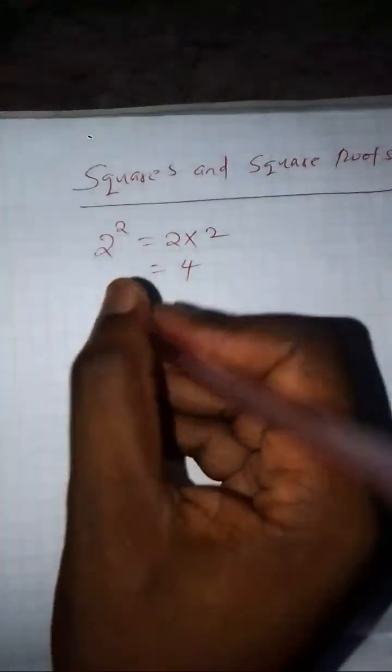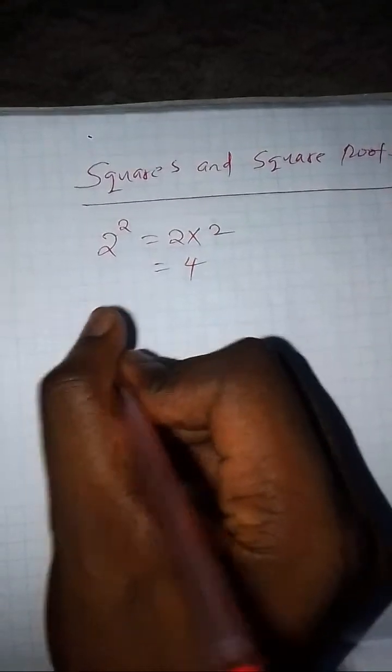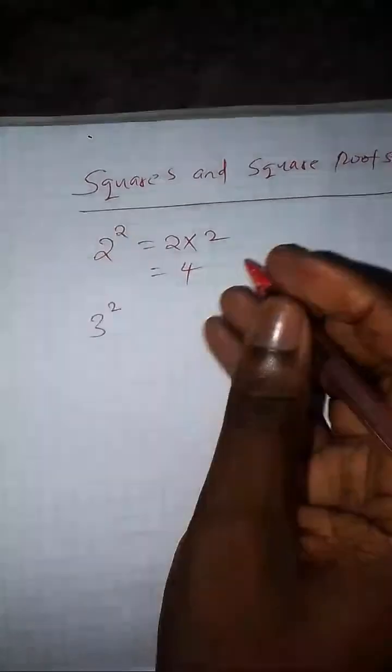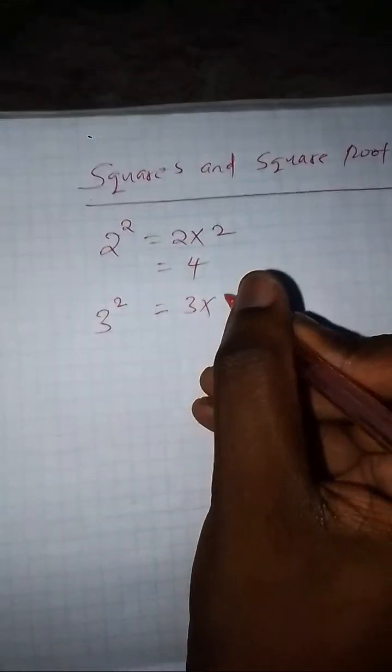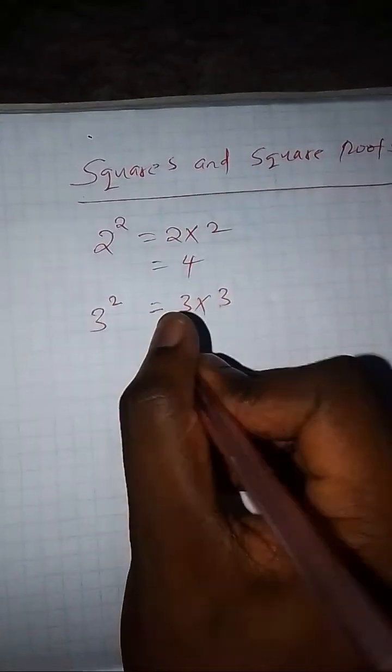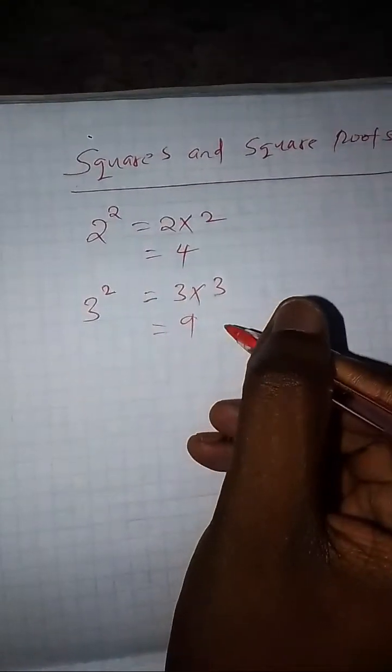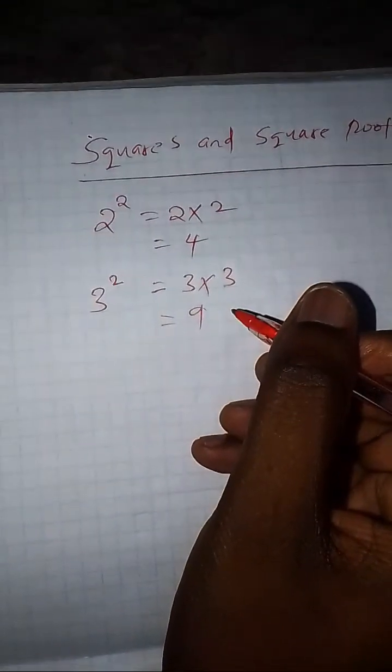Another one, you are given to work out 3 squared. So 3 squared is 3 multiplied by 3, and the answer is 9.